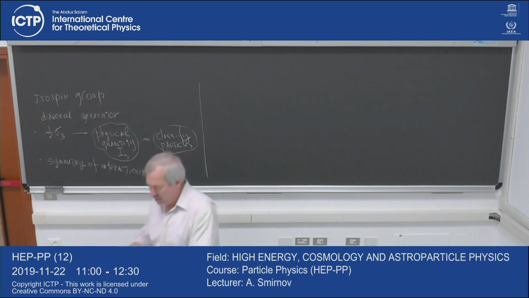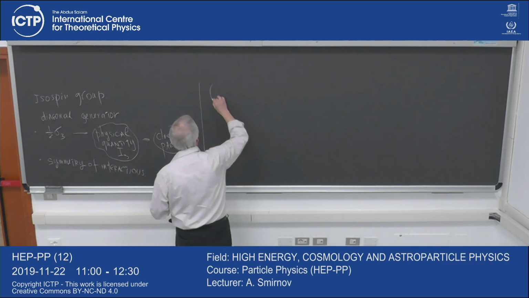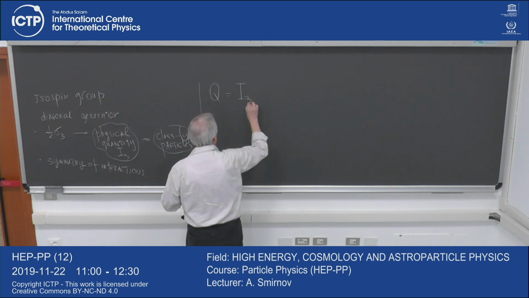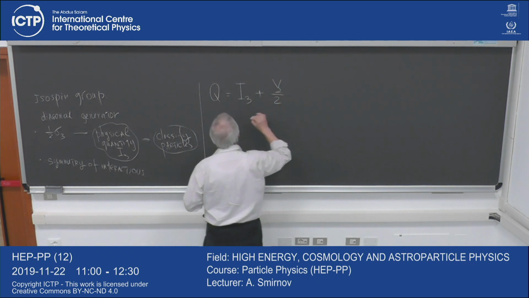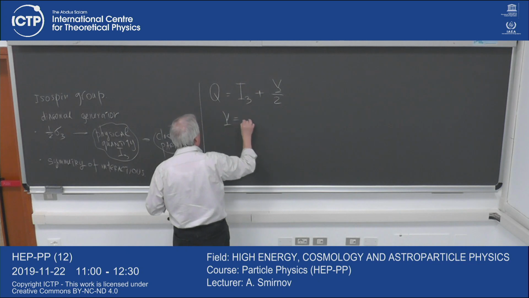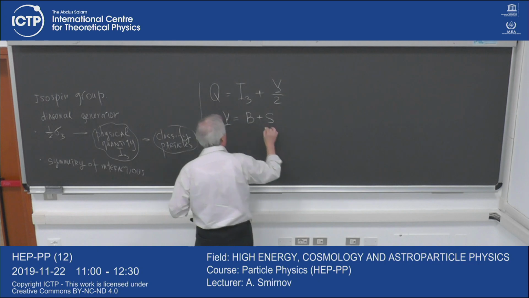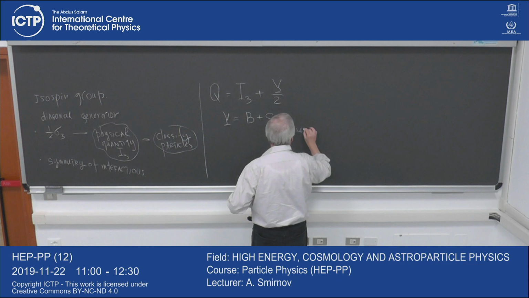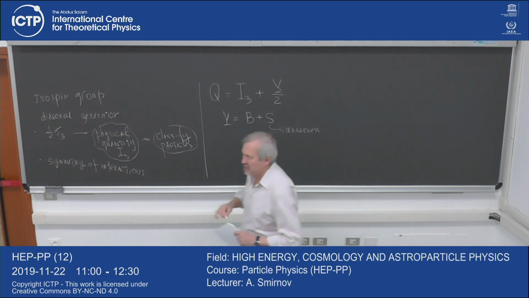So let me reproduce the formula which we obtained last lecture. This is a relation between electric charge, isospin, plus what we call hypercharge, and hypercharge equals baryon number plus strangeness. This is the Gell-Mann–Nishijima formula.